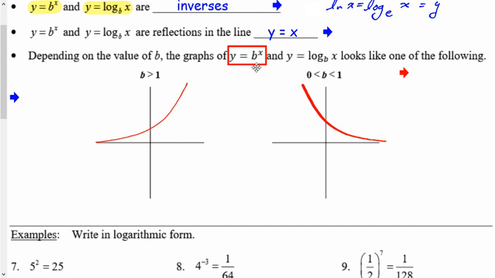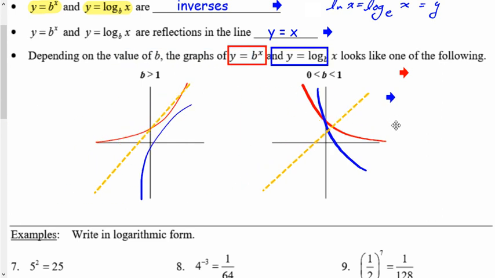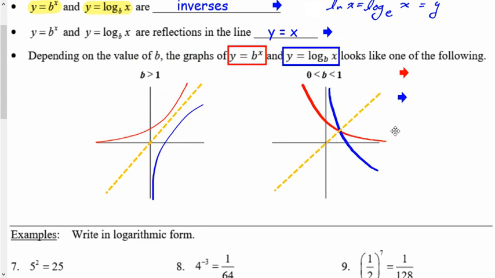For the logarithmic functions, it'll look like this, where if my b value is greater than 1, my logarithmic function will increase from left to right. There's the mirror reflection, not a perfect reflection, but it gives you the idea. Here, if my b value is between 0 and 1, my graph will decrease and curve in this direction. And again, they intersect on that line y equals x because they would have an invariant point where x equals y.